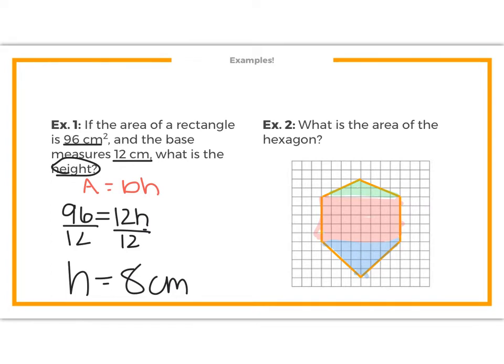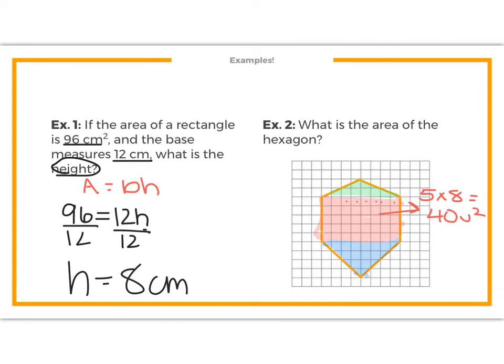So the red rectangle is probably the easiest one to start with. This one is going to be 5 by 8, so that means this is 40 units squared.